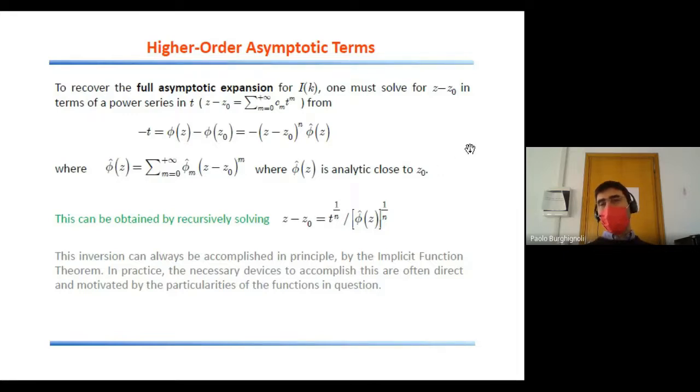This may be quite laborious in practice, but it is guaranteed by the implicit function theorem that you can do that. Okay.